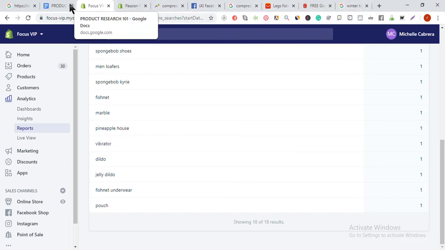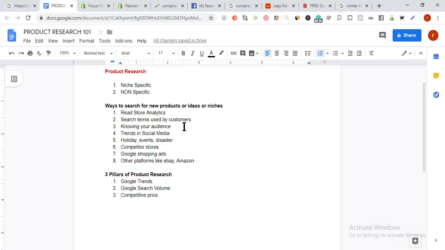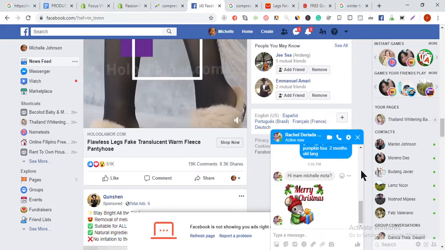Also, aside from knowing your audience, the search terms used by your customers, and reading store analytics, you can also use trends. Yes, we already did this, right? The trends in social media. Yeah, Facebook.